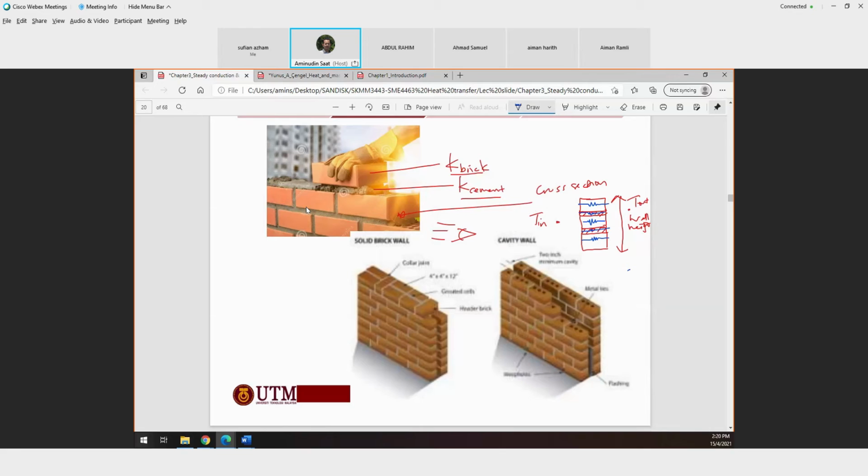So this is where the application of parallel resistance needs to be considered in the heat conduction analysis.